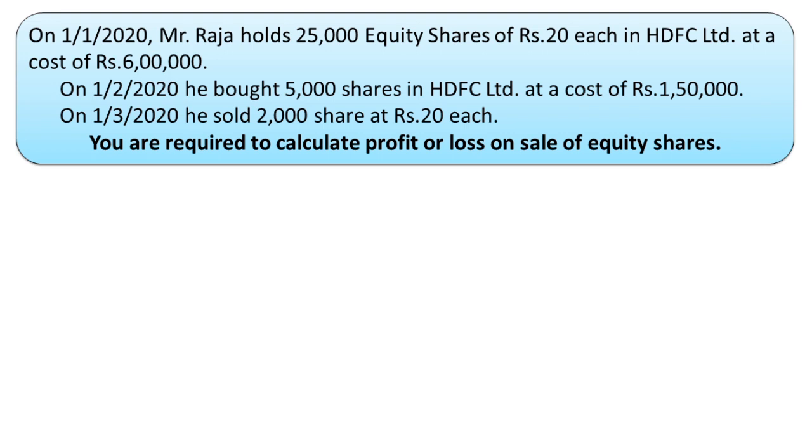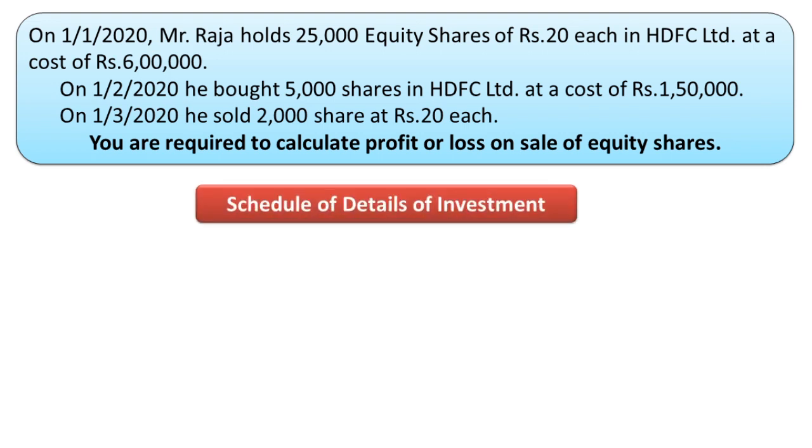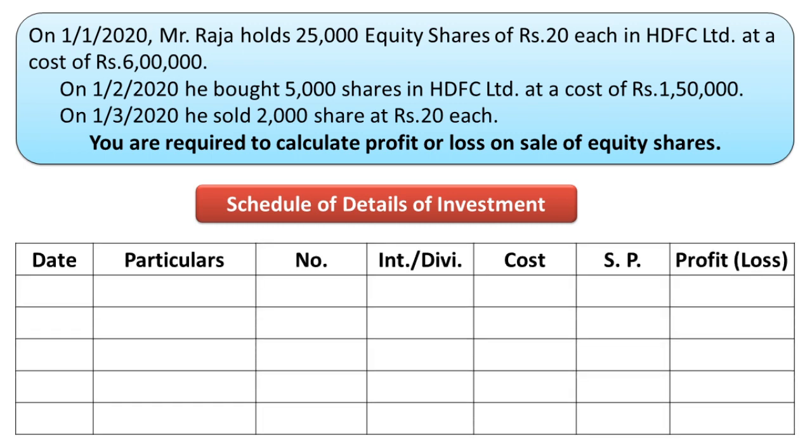Let us start with the schedule of details of investment as I have explained in the earlier example. Date column, particular column, number of shares, interest or dividend, cost column, selling price, and column for profit or loss. Chronologically, as per the dates, we will start recording.